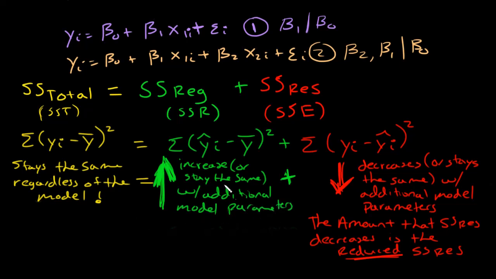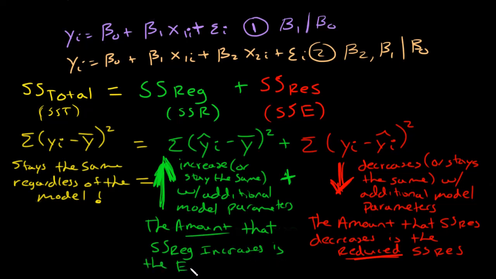Okay, and the amount that SS regression increases is the extra sum of squares regression. Okay? All right, so how do I write this notation-wise? How do I do this calculation using the proper notation?